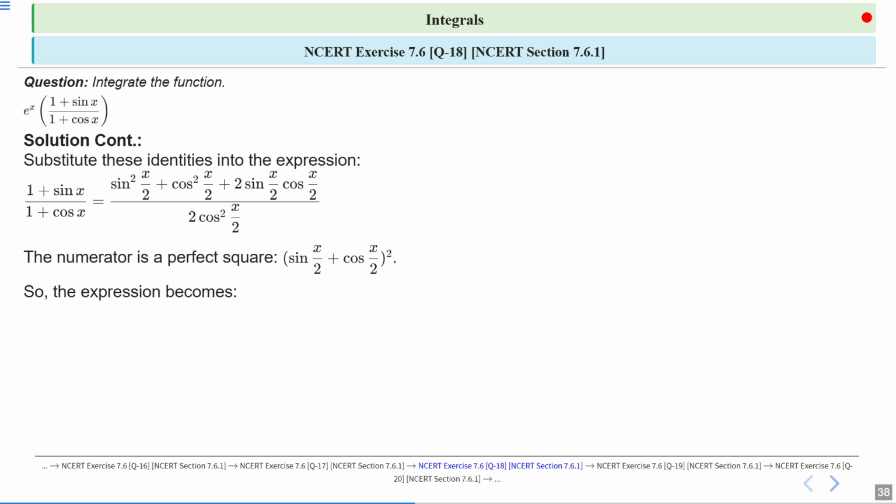Now the numerator is a perfect square, (sin(x by 2) plus cos(x by 2)) whole square. So the expression becomes (sin(x by 2) plus cos(x by 2)) whole square divided by 2 cos square (x by 2).